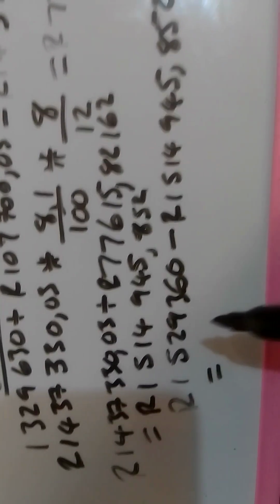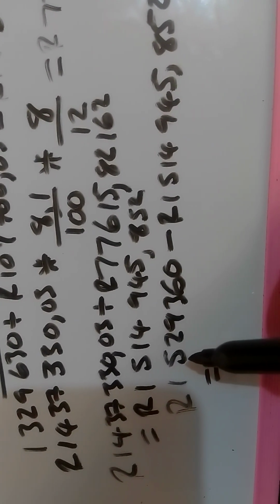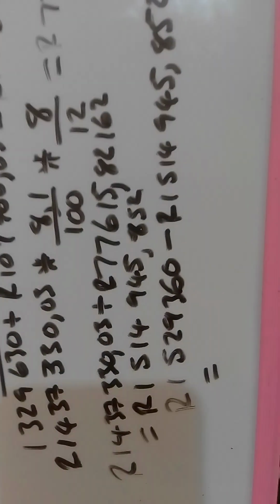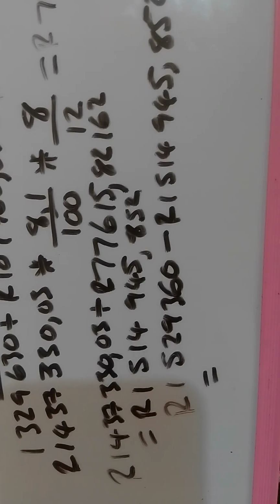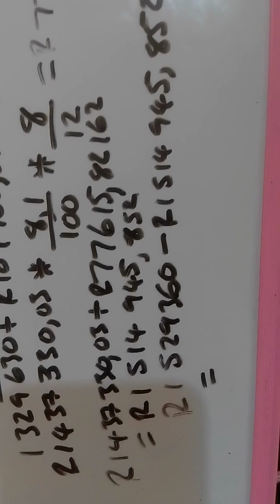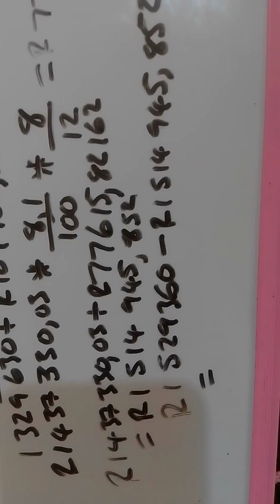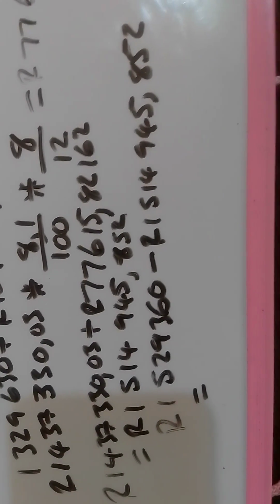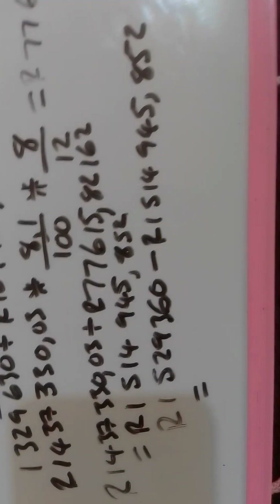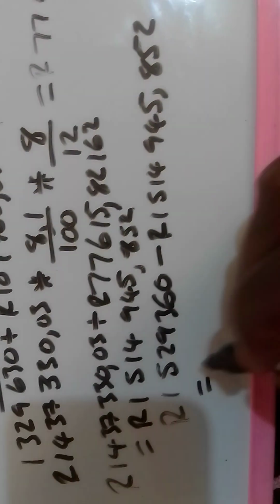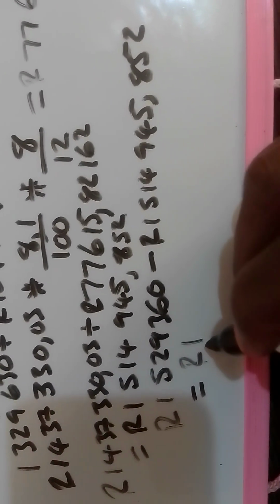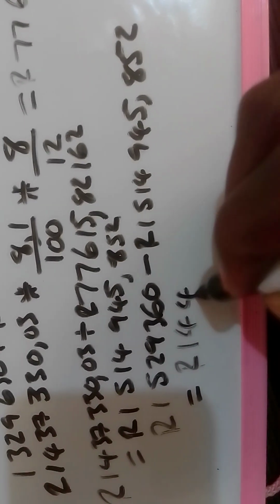We want to see whether his statement of saying that he made more than 14,000 is valid, right? So now I say 1,529,360 minus 1,514,945.852, which equals, so Ryan and the investment that he made from Canada is 14,414 rands point.